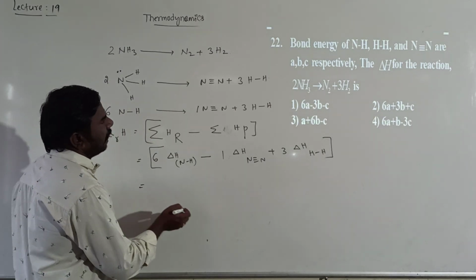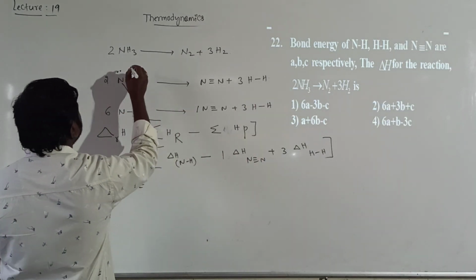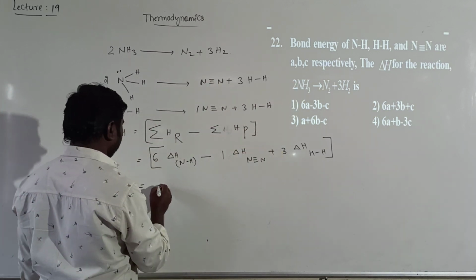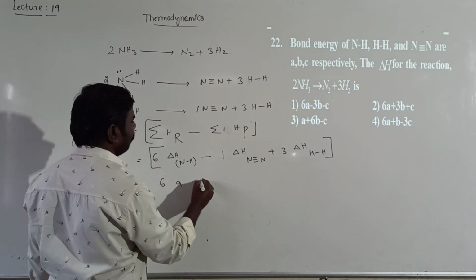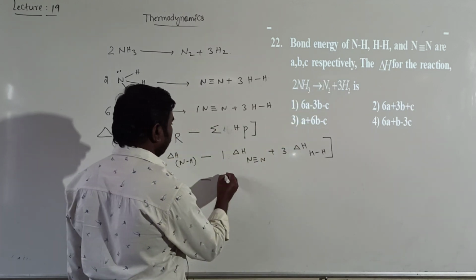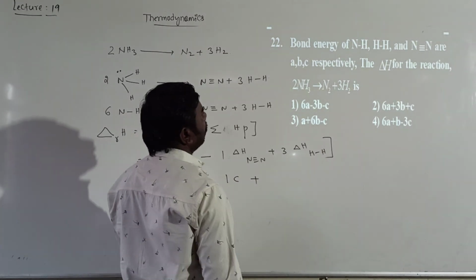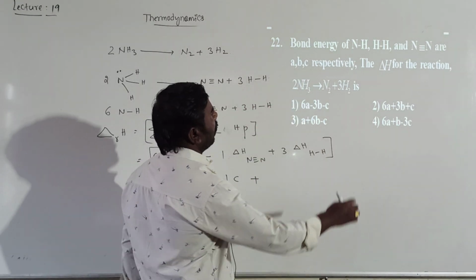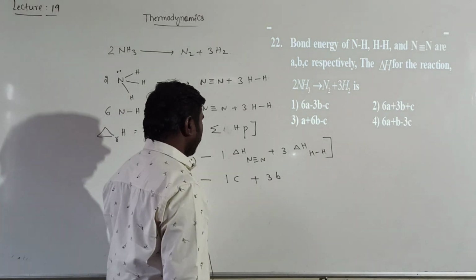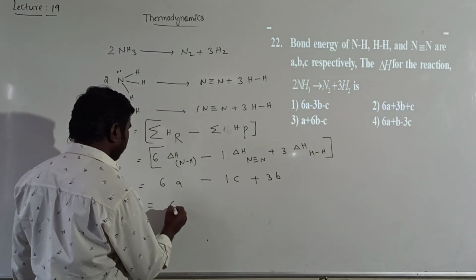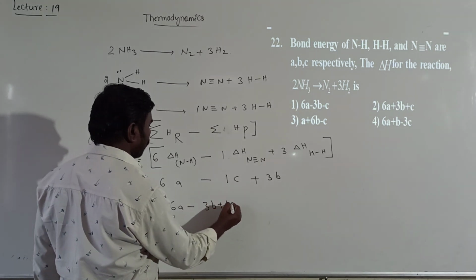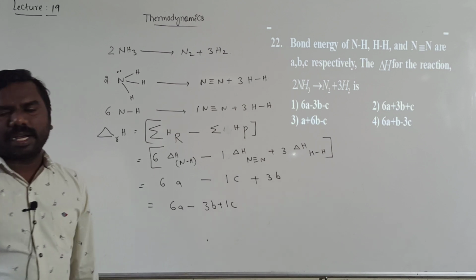N-H bond is given as A, so 6 into A, minus N triple bond N given as C, 1 into C, plus H-H bond is B, 3 into B. You can write it as 6A minus 3B plus 1C. Like that also you can write.